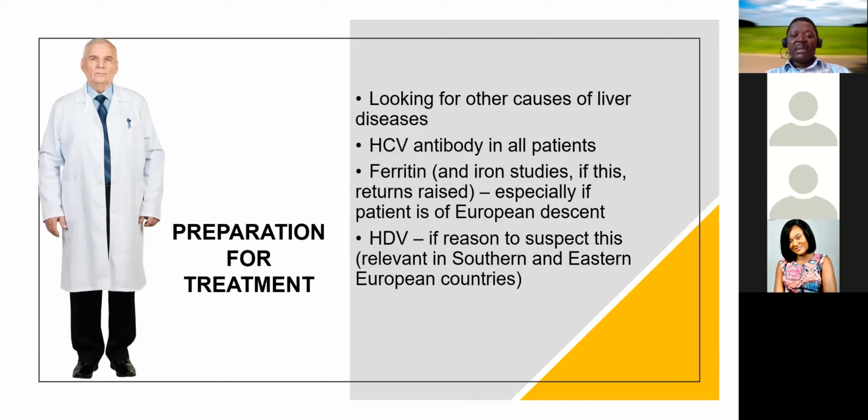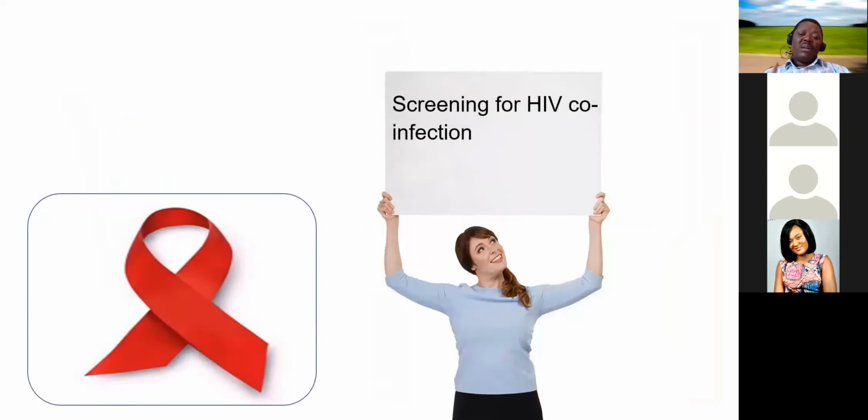For patients in Southern or Eastern European countries, HDV, that's hepatitis D virus, is important in treatment as well. Okay? Don't forget, HIV is very important. It impacts on the natural course of the disease. It also is important when you're going to make a choice for treatment of their HIV, because you will need to include a medication that works for the two viruses.